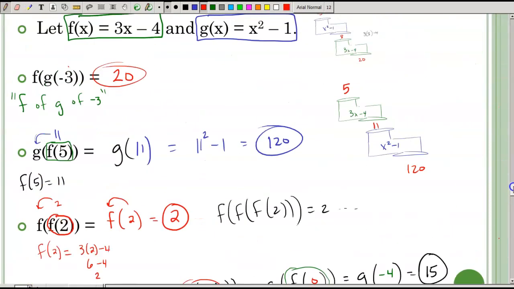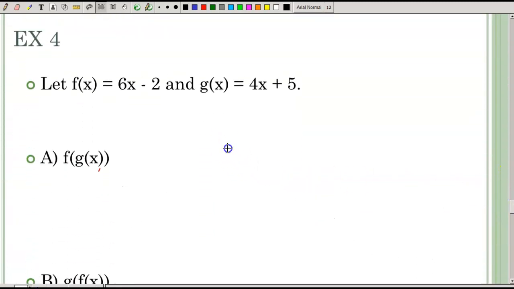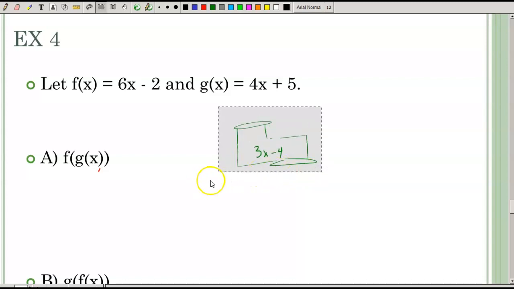Let me bring up what we did before and look at these function machines again as the visual. Let's say that g of x here is 4x plus 5, so I'm going to write that in as 4x plus 5.